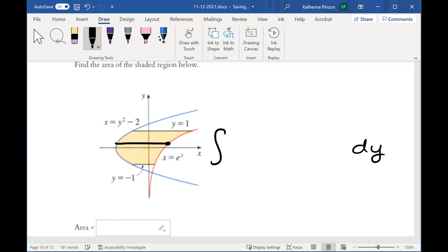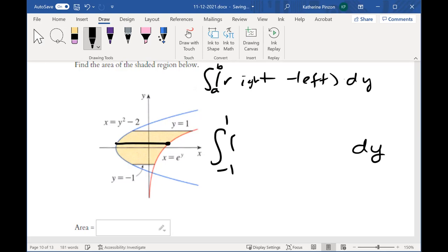That means these numbers on the integral need to be y values, right? The small y value is -1. The big y value is +1. So I'm going to integrate from -1 to +1. When I do dy, I do right minus left.